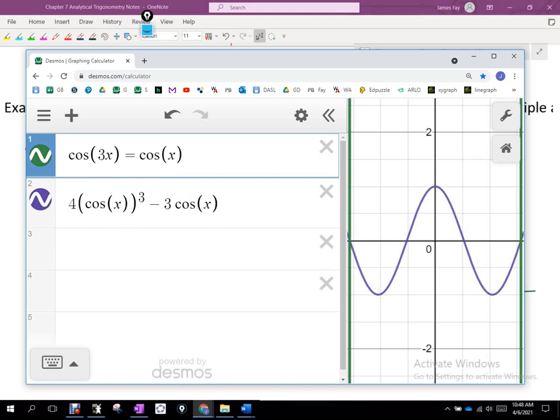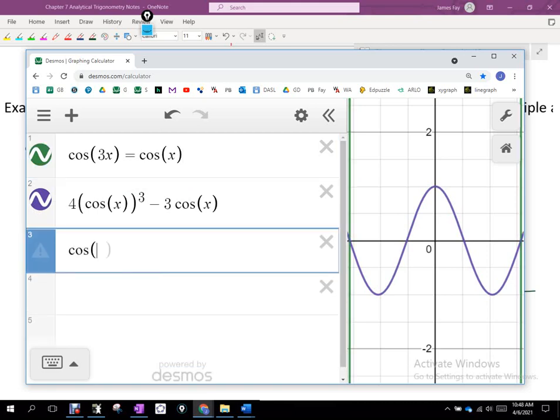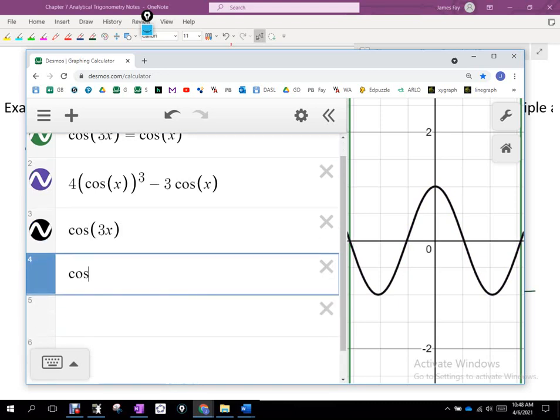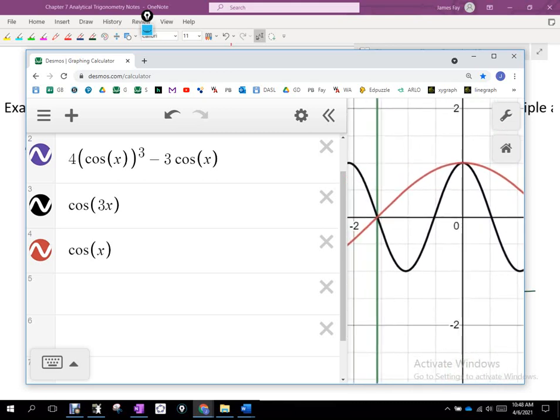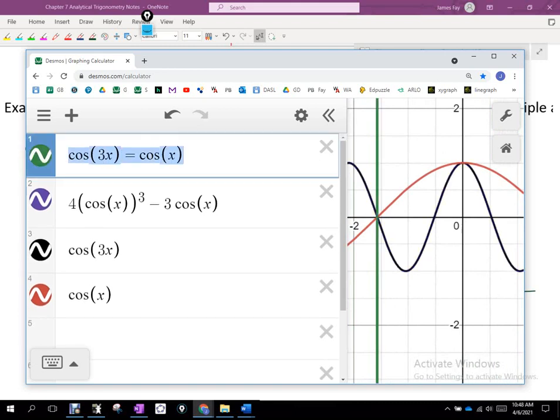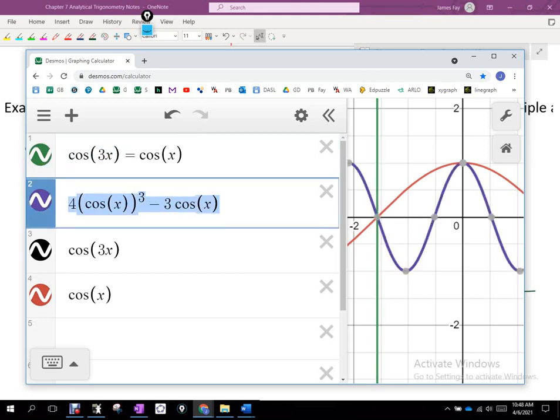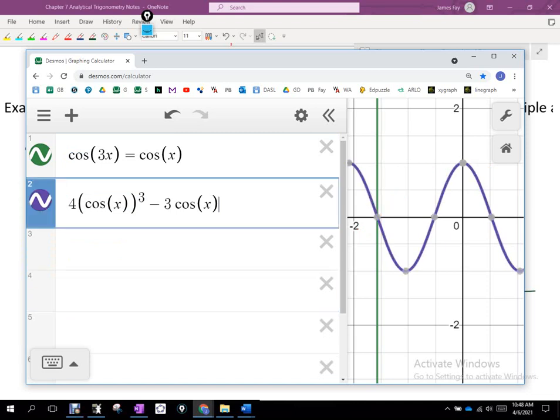But if I want to solve that, then the question is, geometrically, where does the black and red curves cross, right? What we would want to do to end up solving this equation here is to rewrite this like that. Is that okay with everybody? So now the equation would look like this, equals cosine x. So those two equations are identical now, okay?